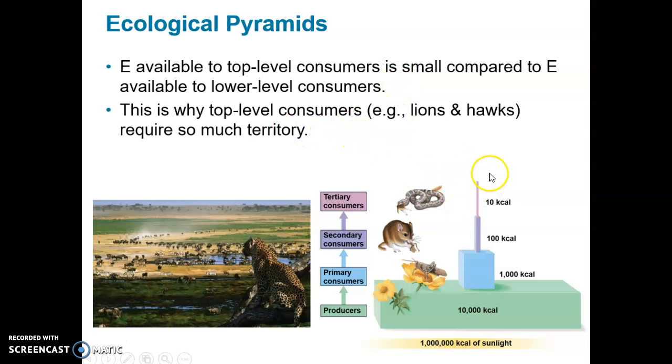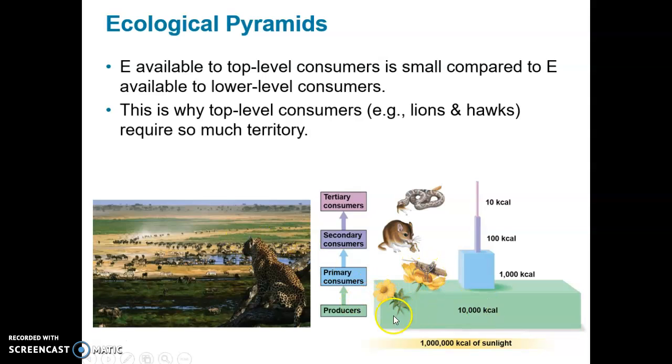That's why the top-level consumers, like lions and hawks and cheetahs, require so much territory, because they need to be able to consume a fair amount of material. And then those organisms need a fair amount of territory so that they can consume a greater amount of primary consumers, and the primary consumers need a huge amount of material so that the producers can grow and provide nutrients for them.